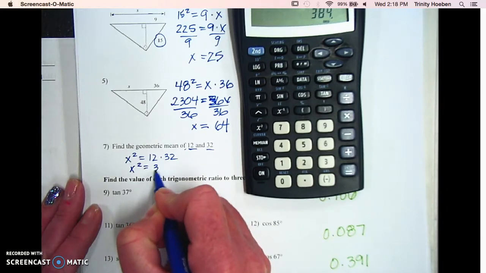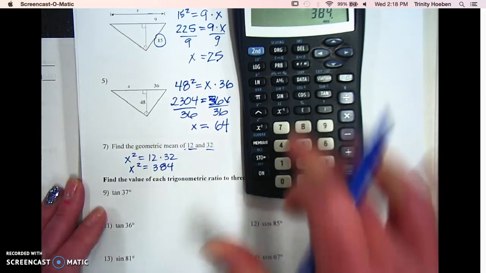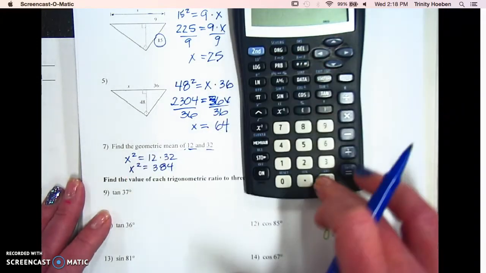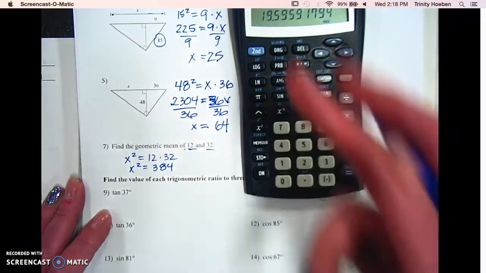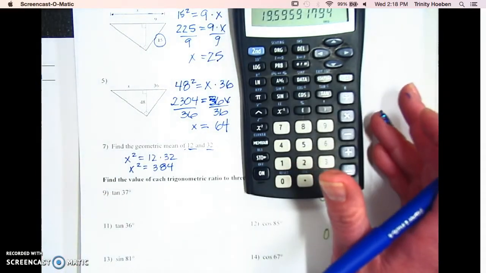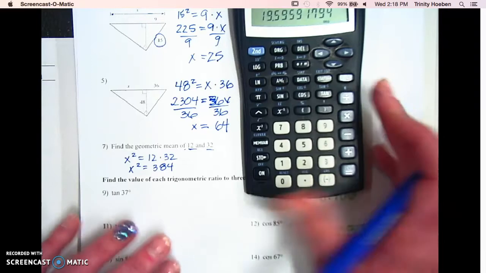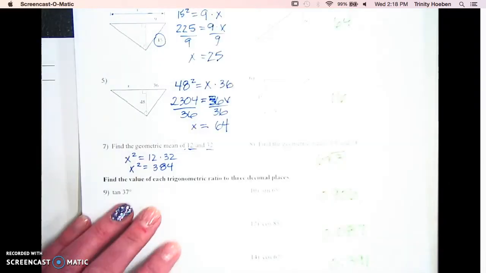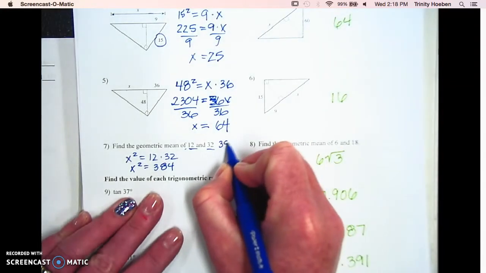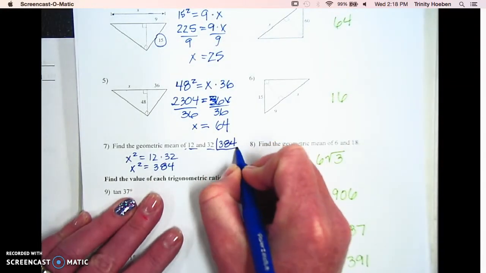384. Now, if you try to take the square root on your calculator, you'll realize that number is not a perfect square, and so it spits out a decimal. If you're being asked for a decimal, that's fine, but if you're being asked for your answer in simplest radical form, you actually have to take 384 and get the prime factorization.